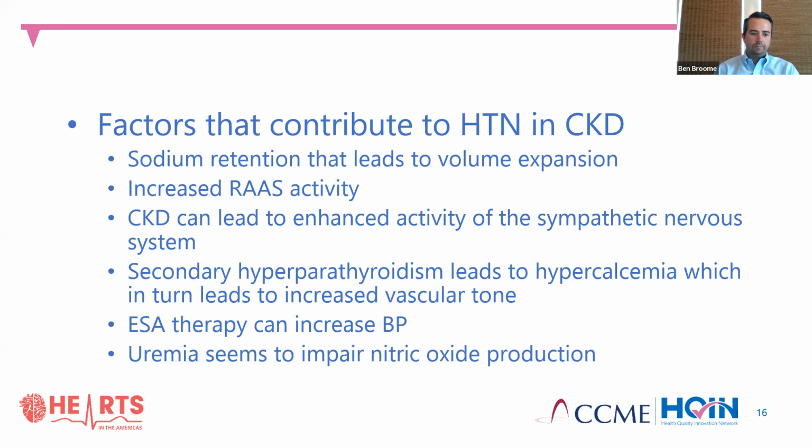Much in the same way, ESA, so that's erythropoietin stimulating agents, things like Aranesp, Procrit, others that are often needed in patients who have anemia related to chronic kidney disease, can increase blood pressure. And then uremia seems to impair nitric oxide production, so also in that way preventing a substrate that leads to vasodilation.